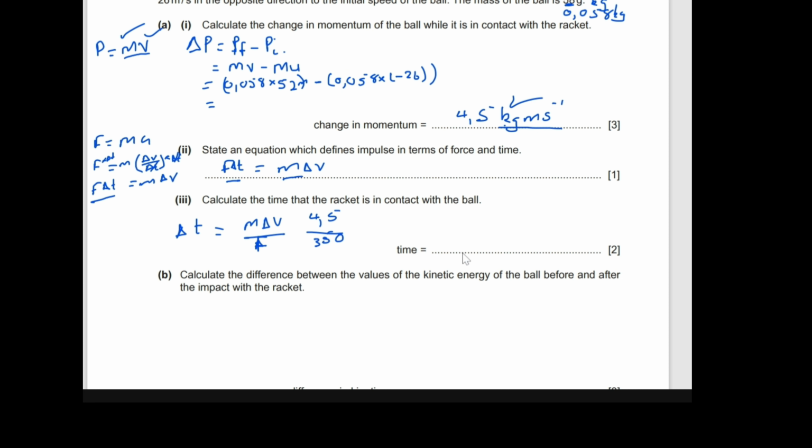So if I divide the two, what am I getting here? I'm getting 0.013 seconds. That is if my calculator is telling me right, yes, 0.013 seconds.